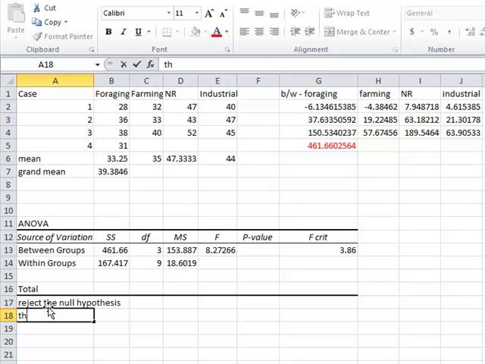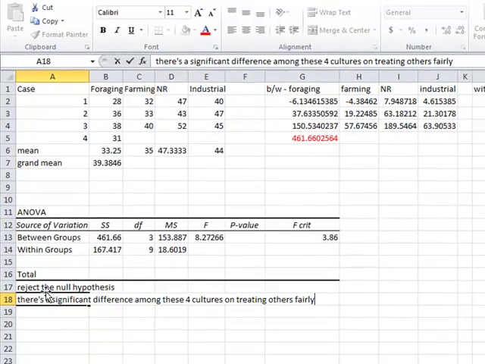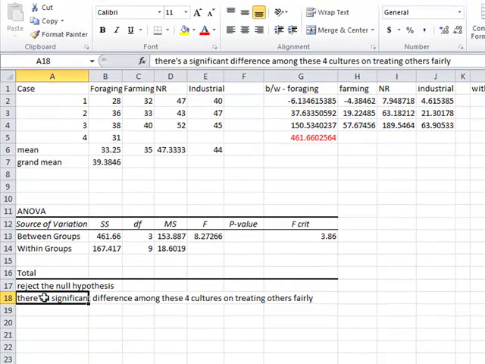Which means there's a significant difference among these four cultures on treating others fairly. This is how you interpret the data. Okay, this is the decision. This is interpretation.